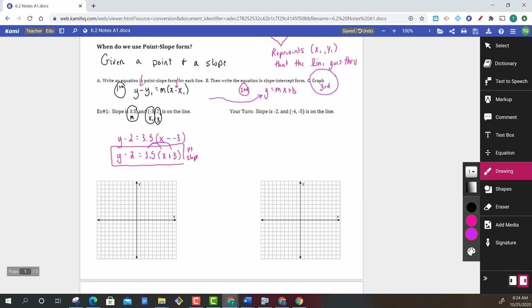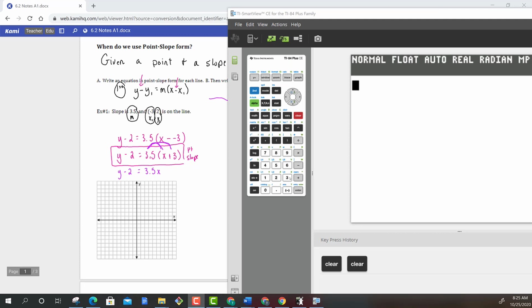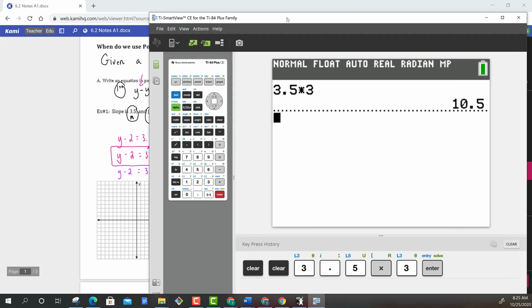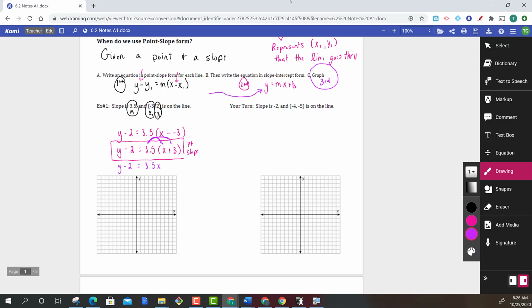So I'm going to rewrite this problem as y minus 2 equals 3.5 times x, and then 3.5 times positive 3. For this, I am going to pull out the calculator. So 3.5 times positive 3 is 10.5. So we just distributed the 3.5.